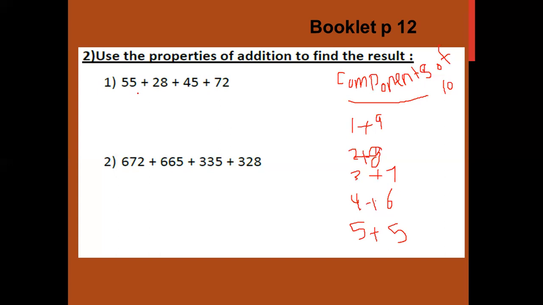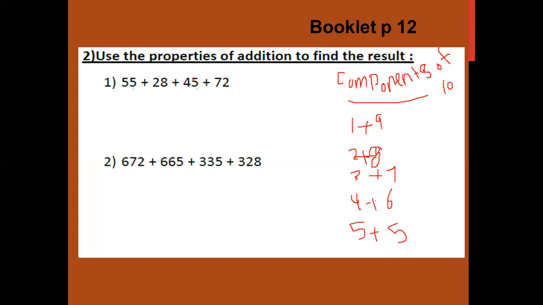In here, 55 plus 28 plus 45 plus 72. I search for the components. This starts with 5, and in here it starts with 5, so I will make a change between 28 and 45.